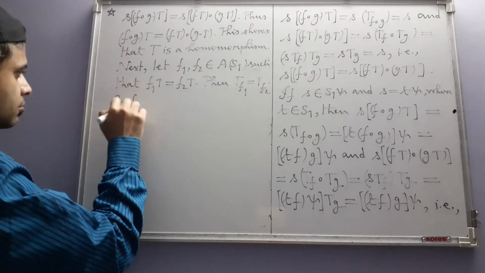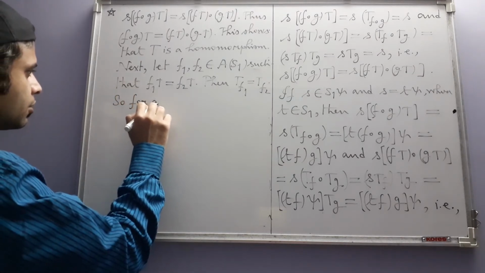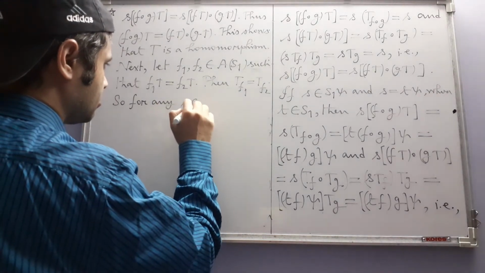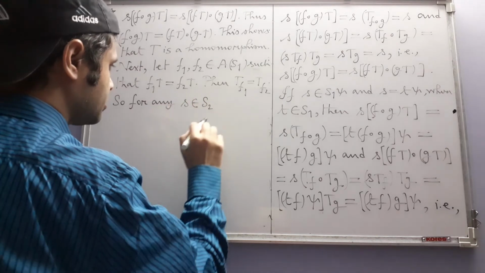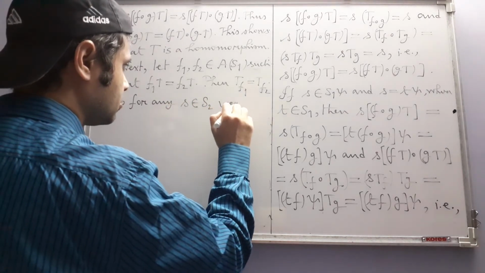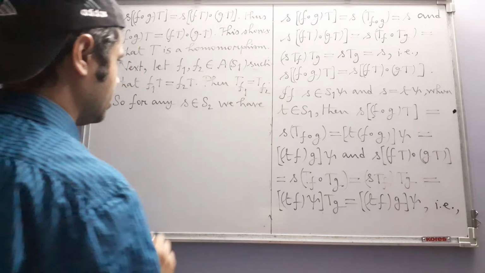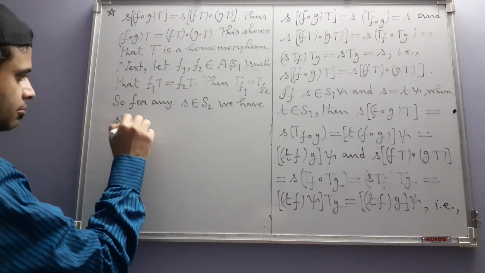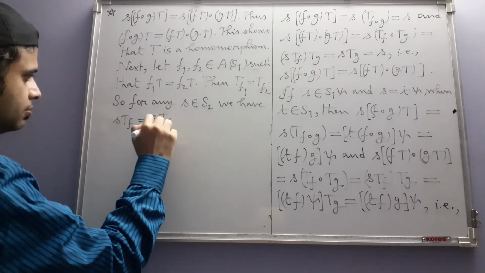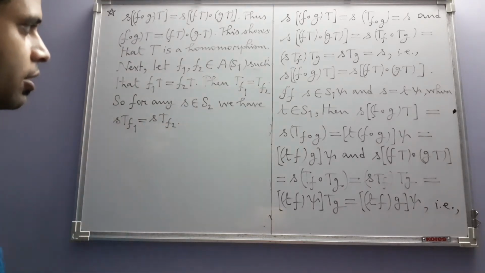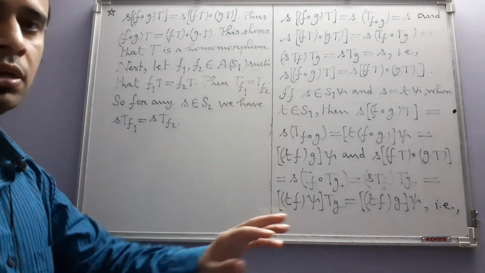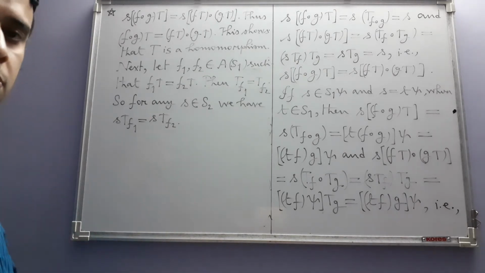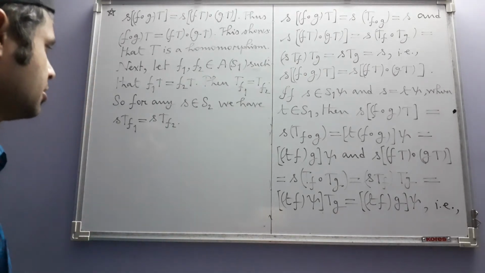So, for any S belonging to S2, we have STF1 equal to STF2, because don't forget that these functions TF1 and TF2 are after all functions from S2 into itself.